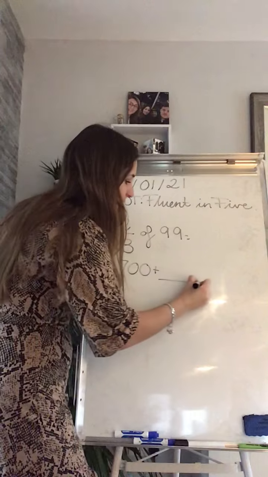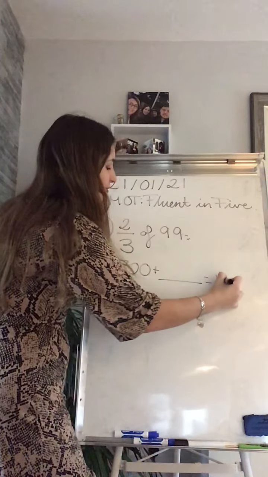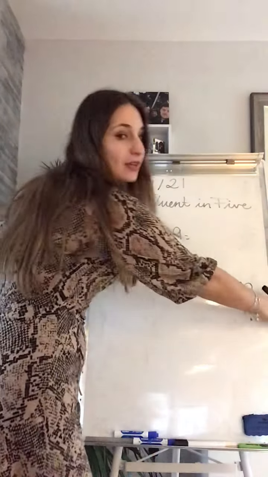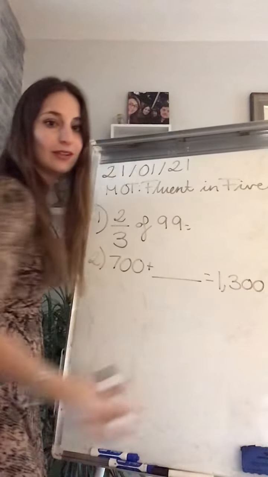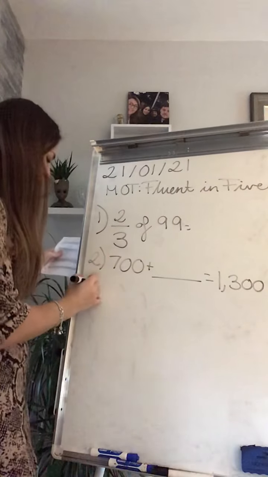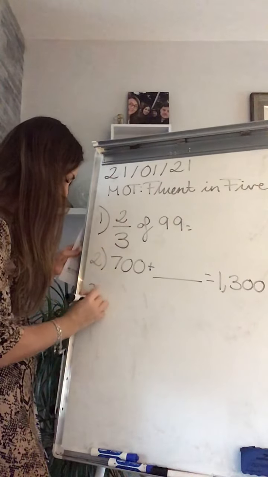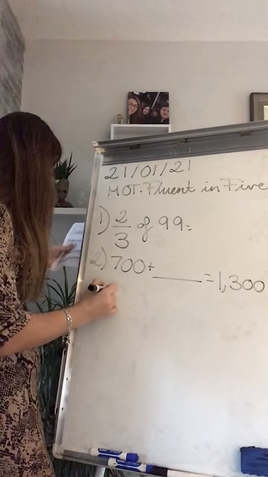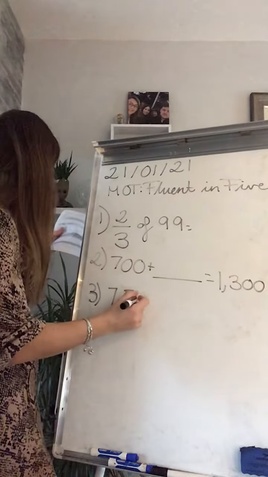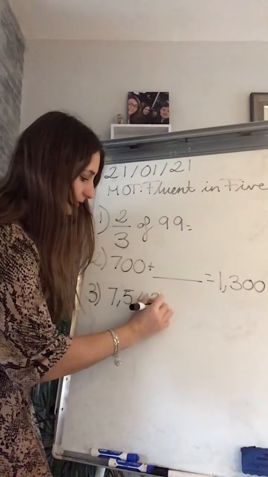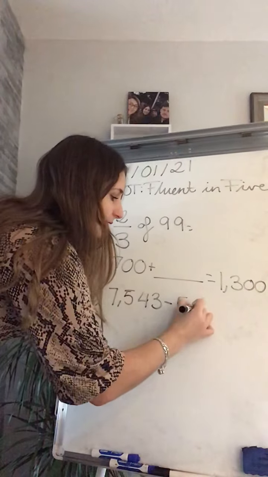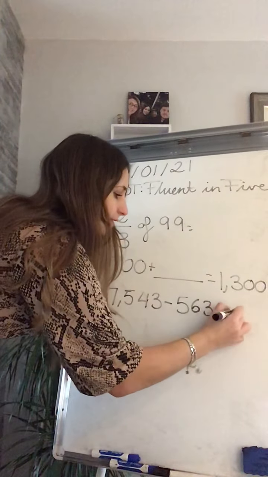700 plus something equals 1,300. To get it a little bit closer for you. Okay? Let's go for number 3. 7,543 take away 5,636.